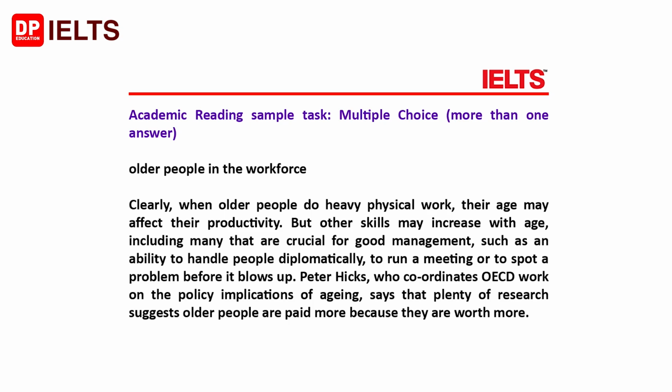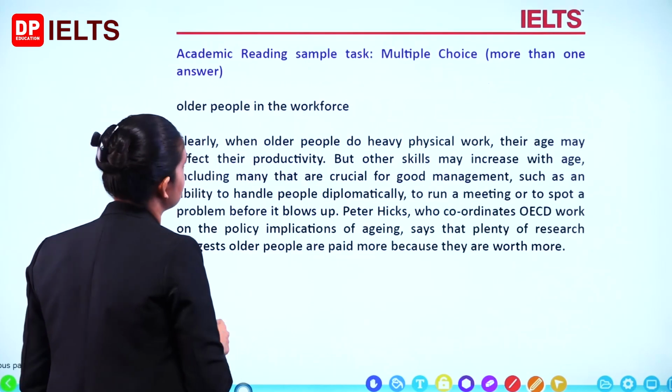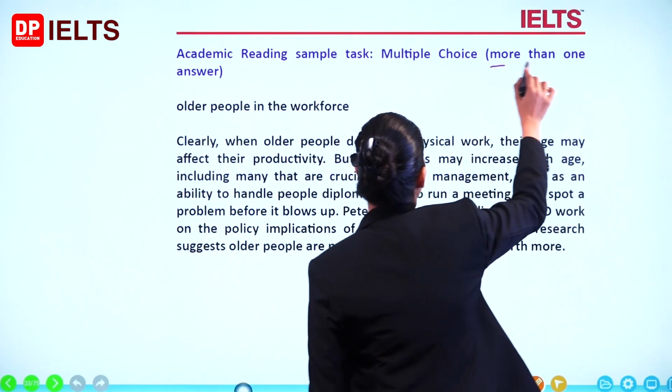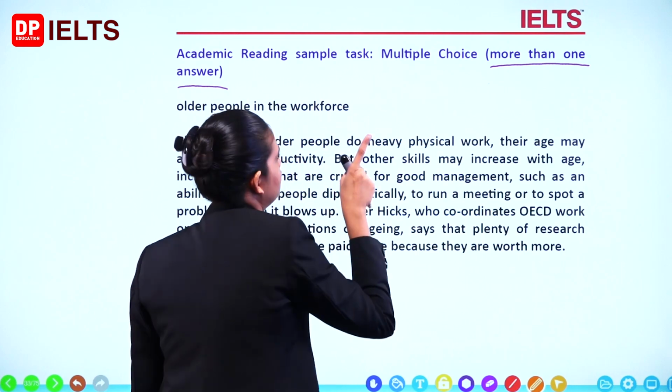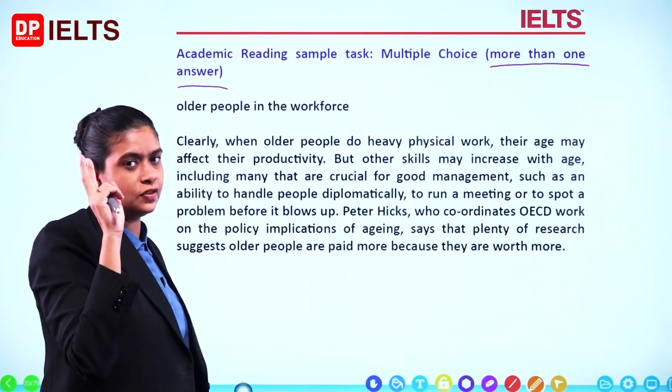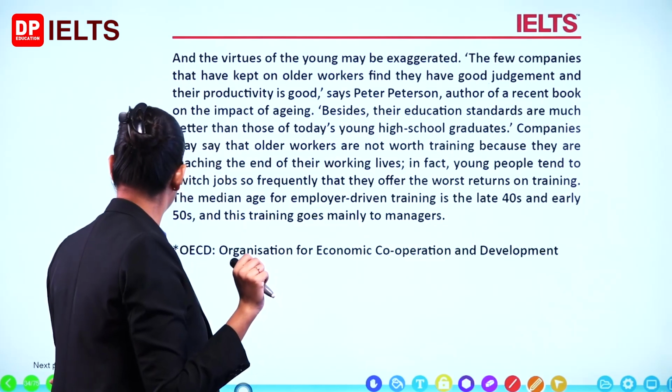Right. So moving on, multiple choice questions. Older people in the workforce, right? Now here, this is multiple choice, more than one answer. It's not just one answer that you have. Sometimes you have to select two answers. So let's have a look at it.